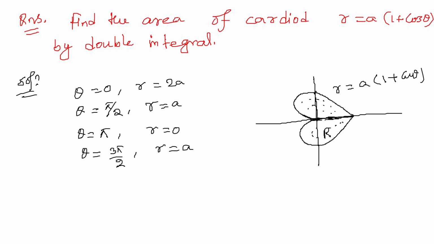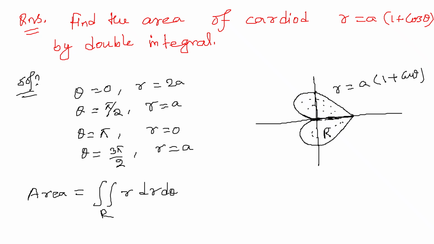So directly now I can write the area for this case. It is the double integration over the region R of r dr d theta.